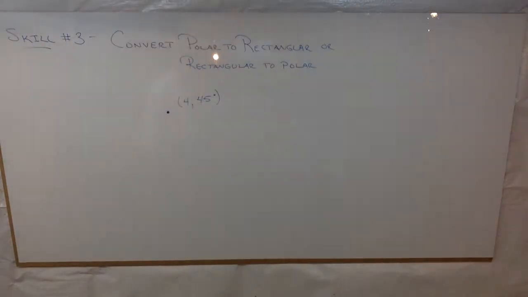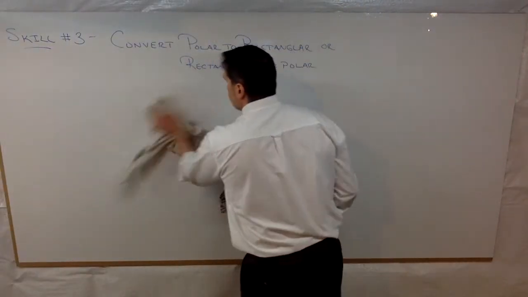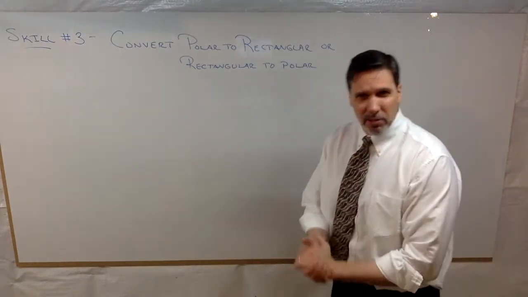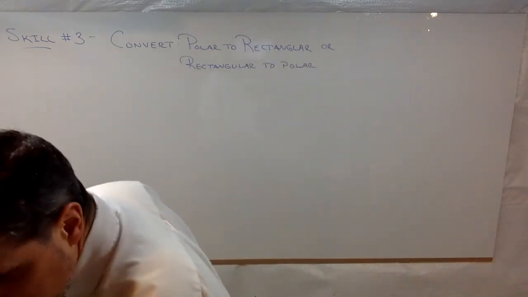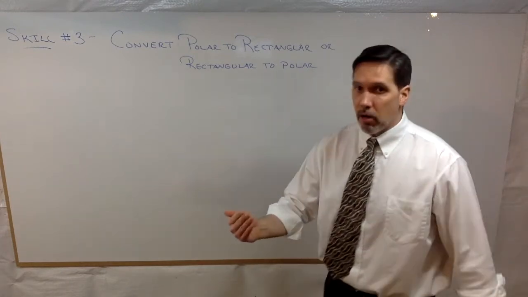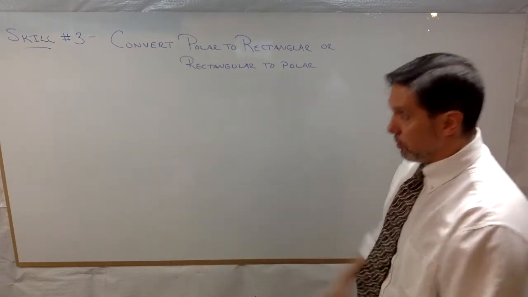This is something we did way back in, could be early February, I believe, talking about the point of intersection of a circle of radius r centered at the origin and an angle in standard position's terminal side.